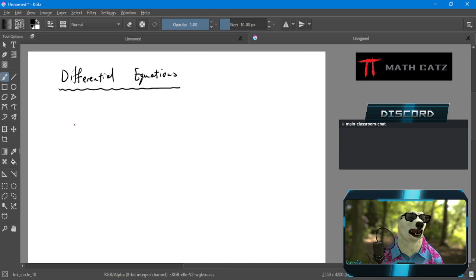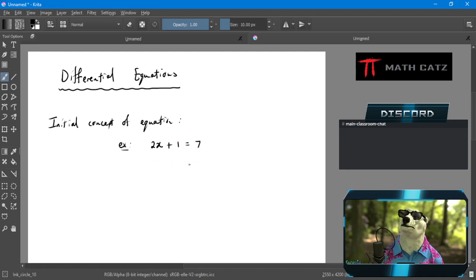So, previously, in high school and earlier perhaps, your initial concept of an equation, your initial understanding of what an equation is, has been something like, let's give something very simple, 2 times x plus 1 equals 7.